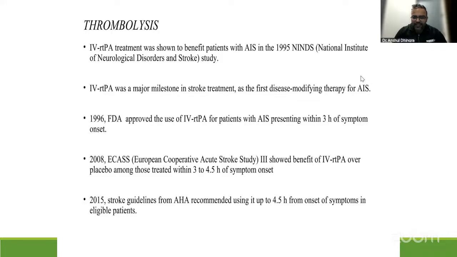In 2008, the ECASS 3 trial, a European study, showed benefit of IV rtPA over placebo among those treated within 3 to 4.5 hours also. In 2015, the stroke guidelines from the American Heart Association were modified, recommending its use up to 4.5 hours from the onset of symptoms in eligible patients.